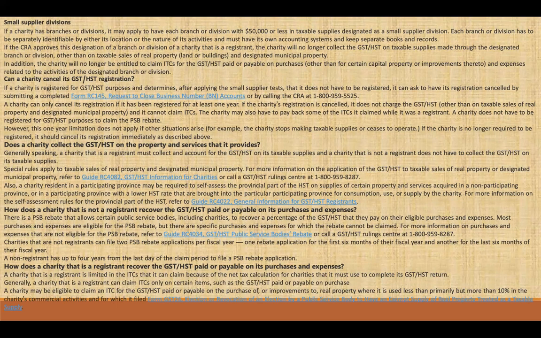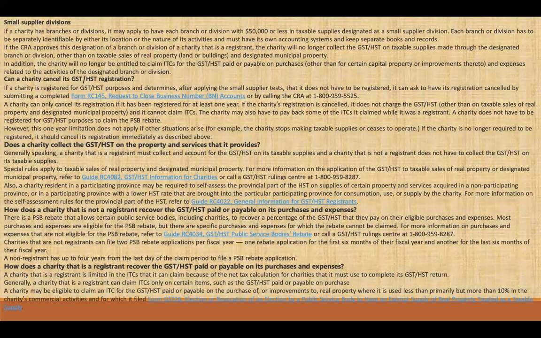Can a charity cancel its GST or HST registration? If a charity is registered for GST and HST purposes and determines after applying the small supplier test that it does not have to be registered, it can ask CRA to have its registration cancelled by submitting form RC145. A charity can only cancel its registration if it has been registered for at least 1 year.